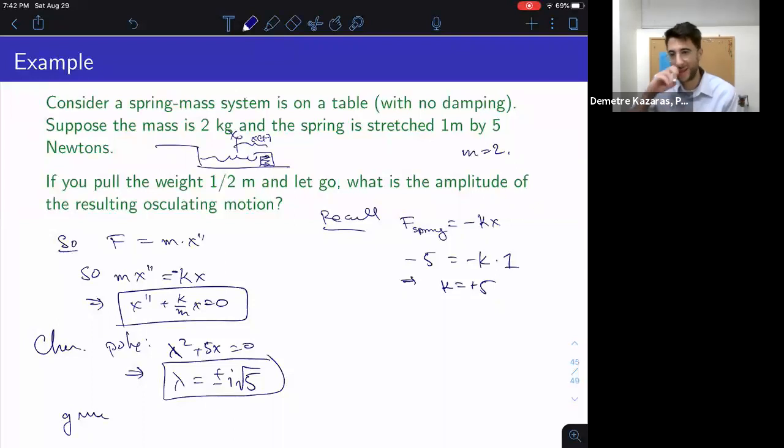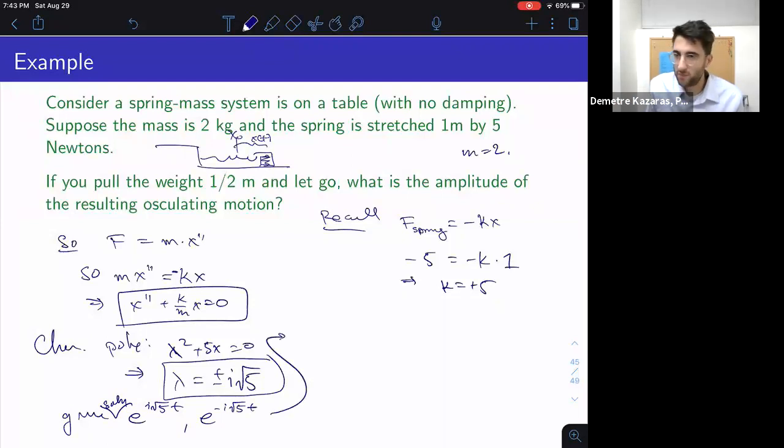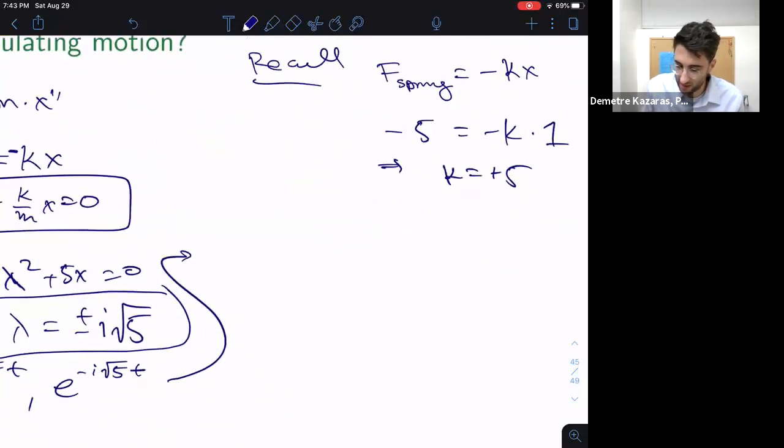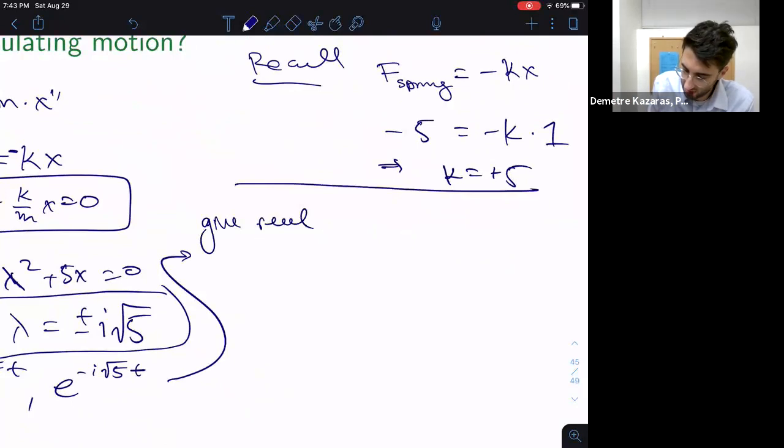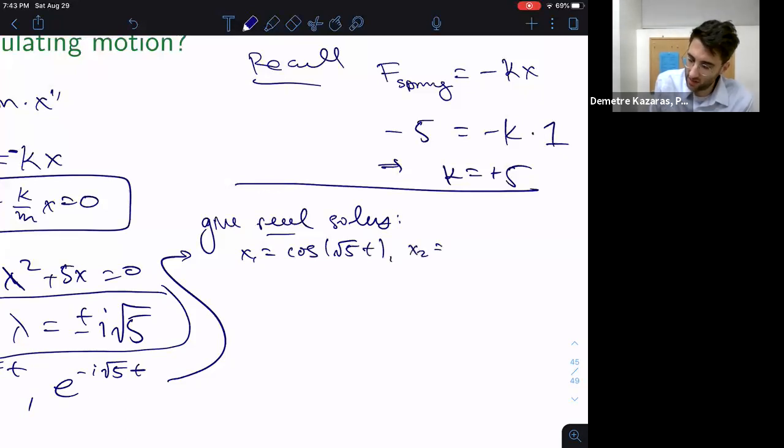That gives complex solutions, e to the i root 5t and e to the minus i root 5t. Applying the procedure that we learned about recently, that will give real solutions: x1 is equal to cosine root 5t, and x2 is sine root 5t.